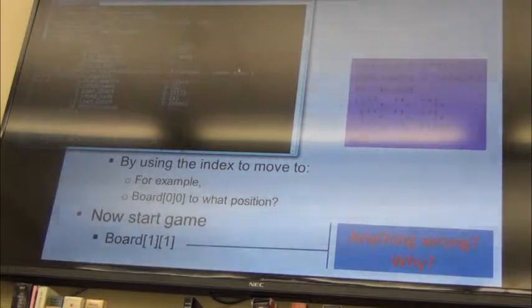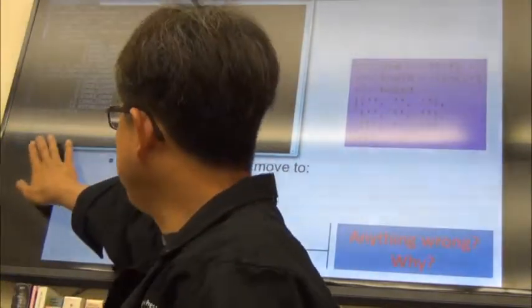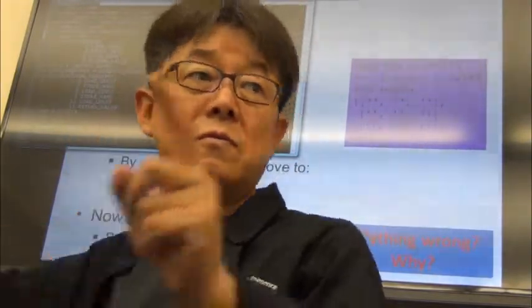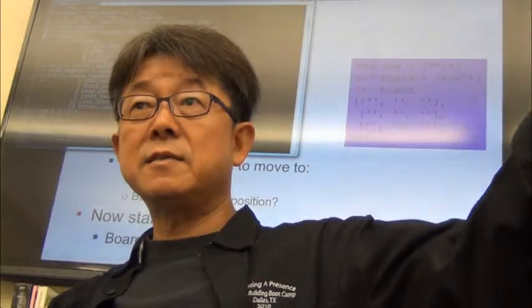Then board equals this. That is a tic-tac-toe data structure, a nested list. There's a first row, second row, and third row.